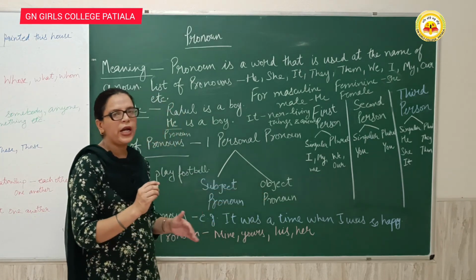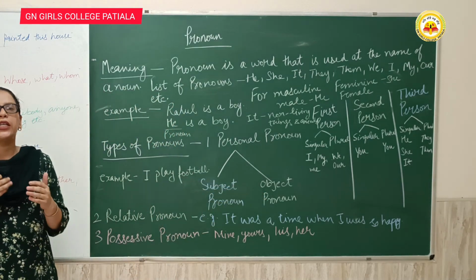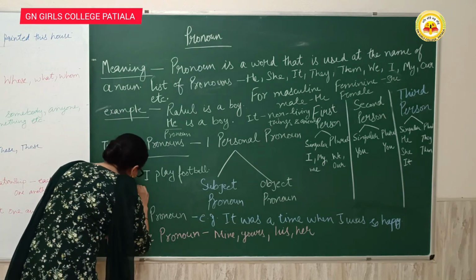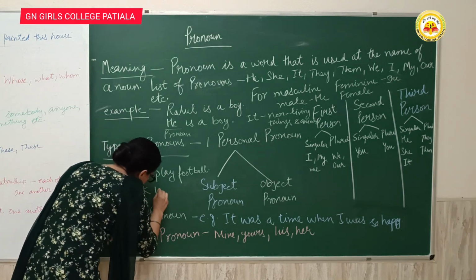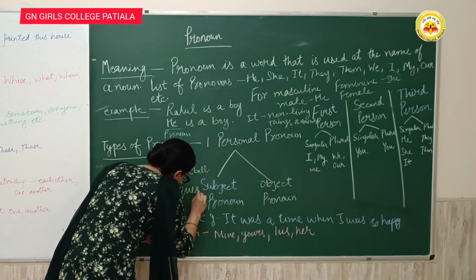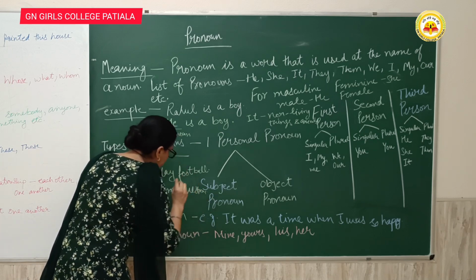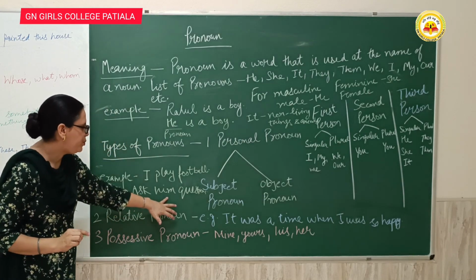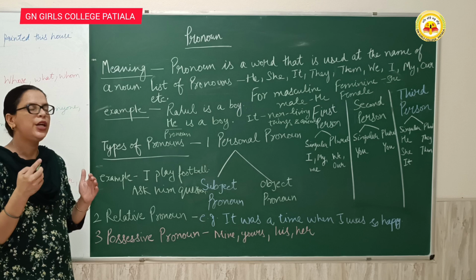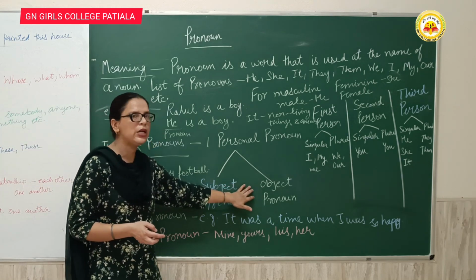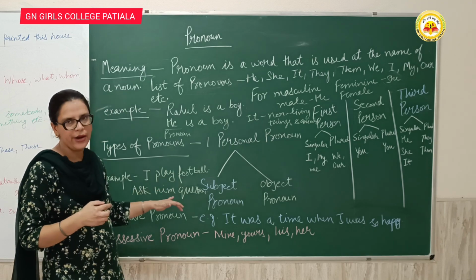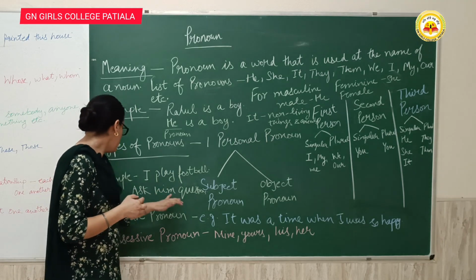An object pronoun is a pronoun where the object is a pronoun, like ask him questions. Here the object is him. Subject pronouns are I, he, she, it, and object pronouns are me, him, her, our.